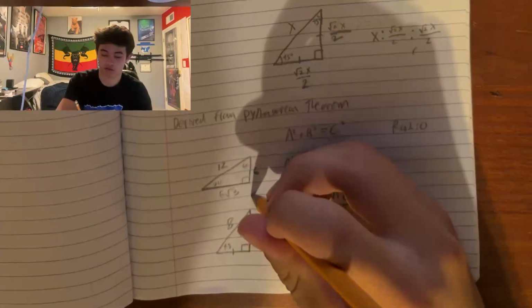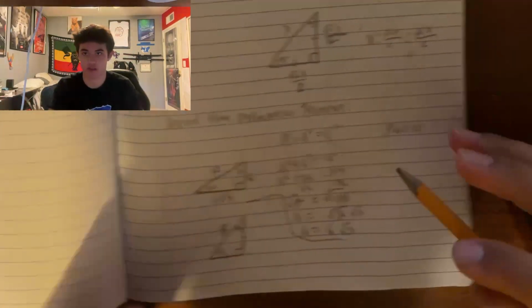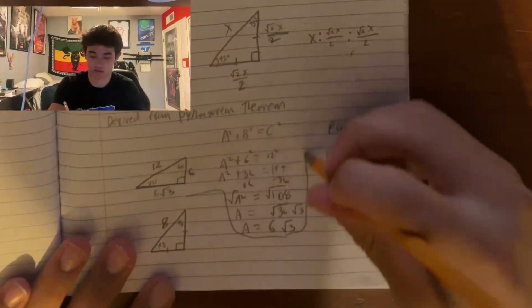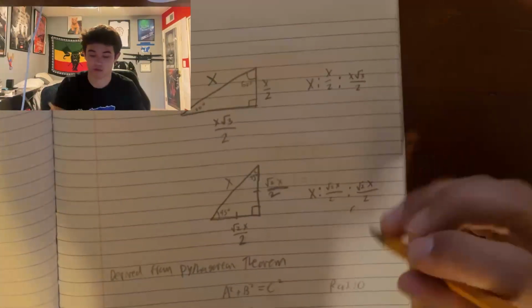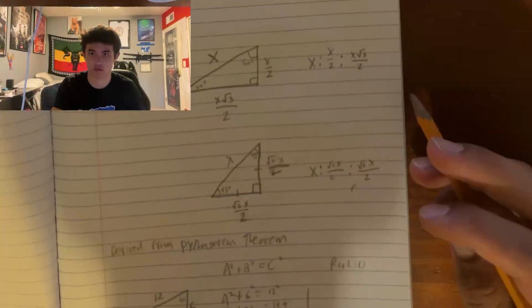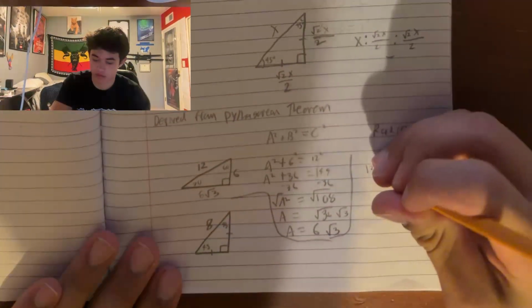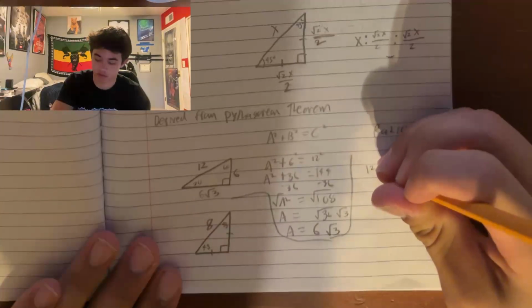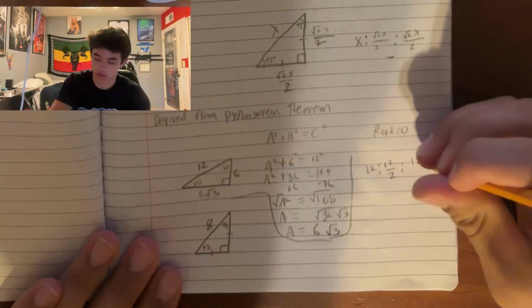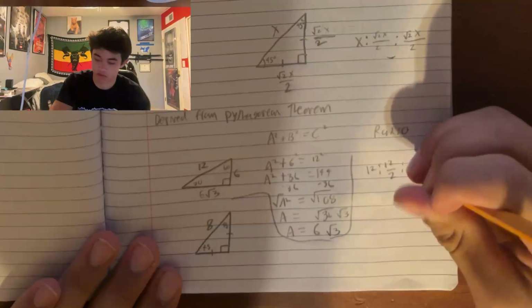And as you can see, we can use the ratio here, and it'll give it to you a little bit quicker. So we have x over 2, then x times root 3 over 2. So let's do that. 12 over 2, and 12 times square root 3 over 2.